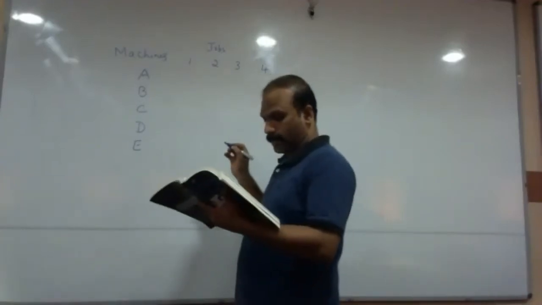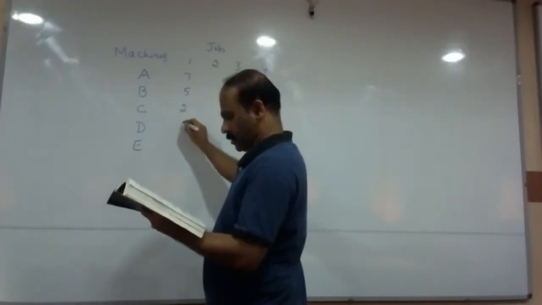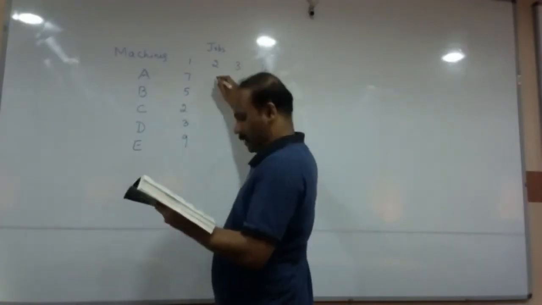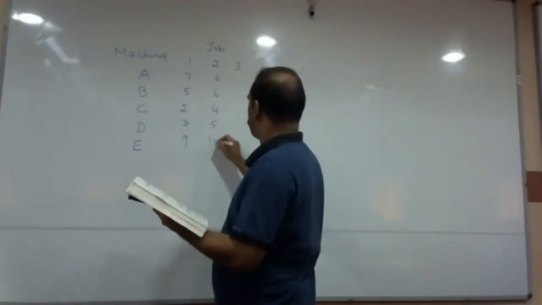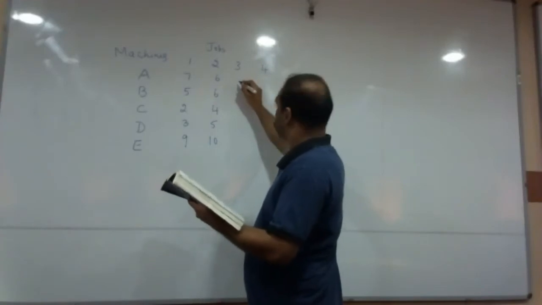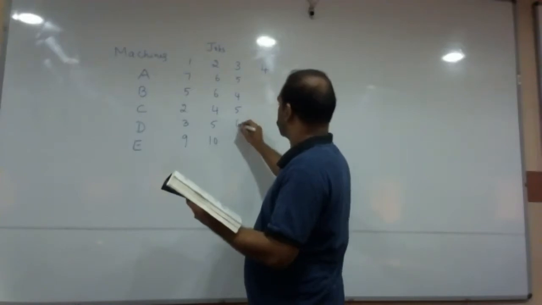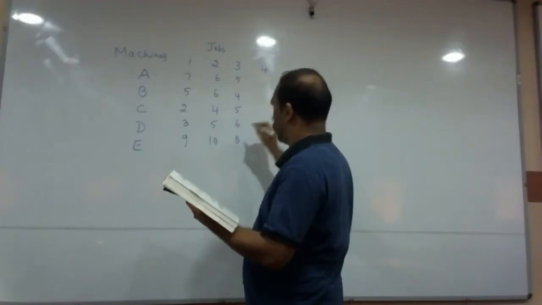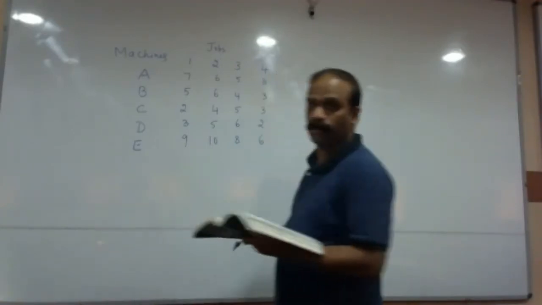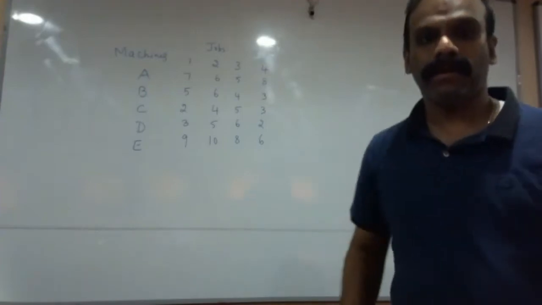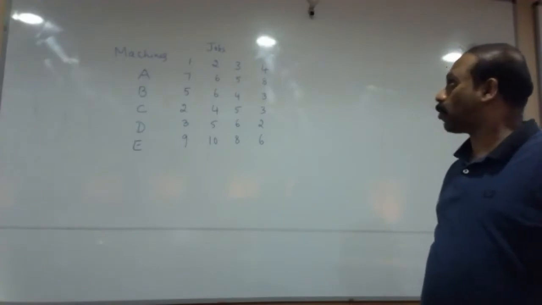The values are 7, 5, 2, 3, 9, 6, 6, 4, 5, 10, and for the third job it is 5, 4, 5, 6, 8, 8, 3, 3, 2, and 6. Now this is the values we have, and you are supposed to solve this problem with the help of sequencing.